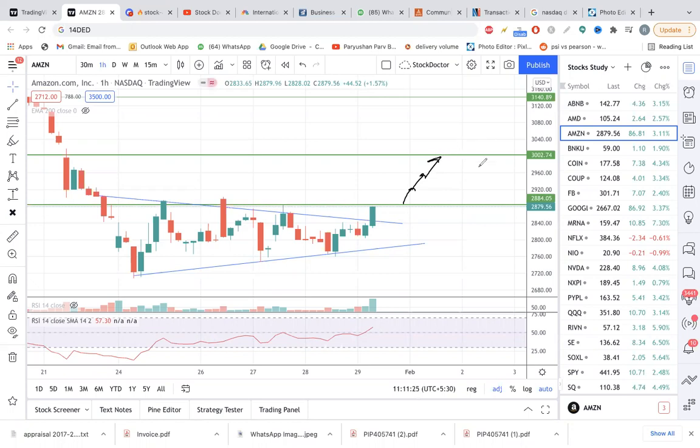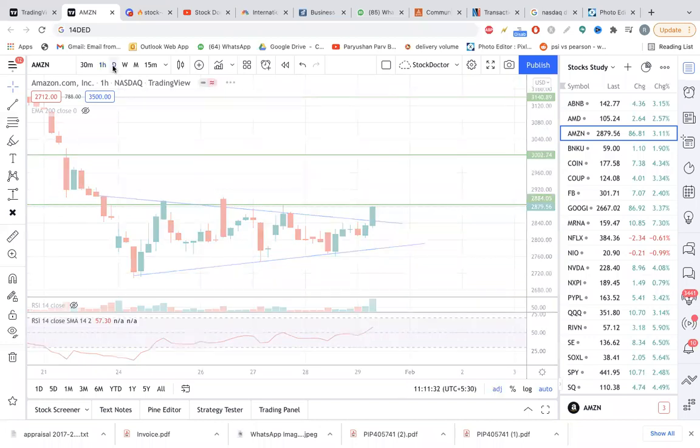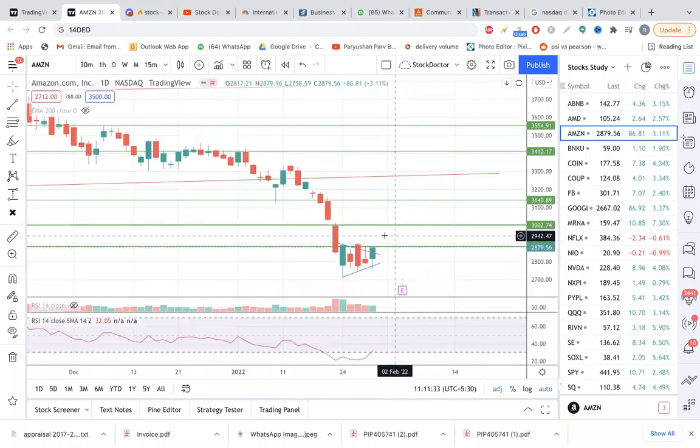This is a very short term target, and if it consistently sustains above that, then the targets are bigger. The first target is, as I mentioned, 3002, and then it can go back toward 3140.